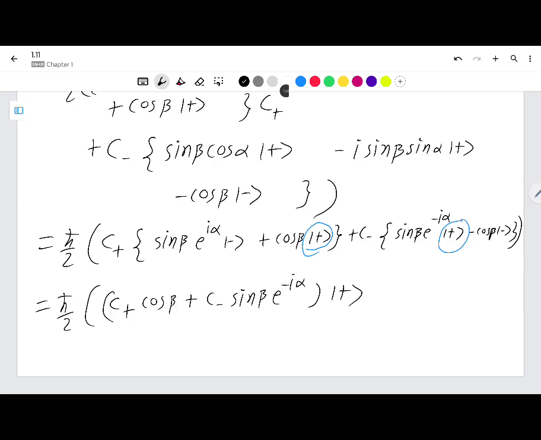And if we look at only the negative states, that will be c plus sin beta e to the power i alpha, minus c minus cos beta, times minus.